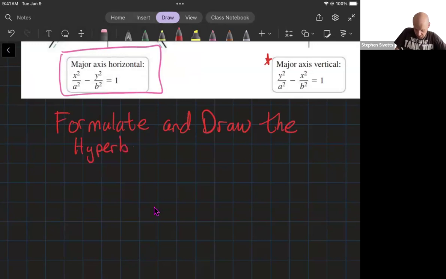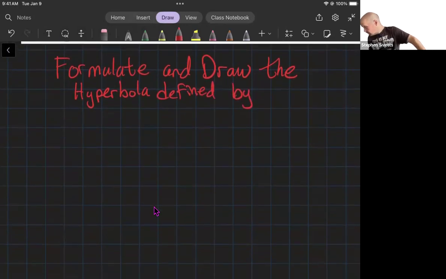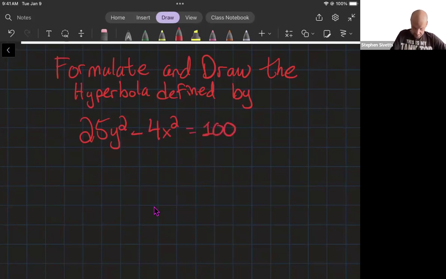The hyperbola defined by this equation: 25y squared minus 4x squared equals 100.